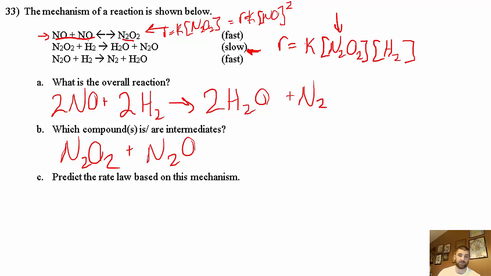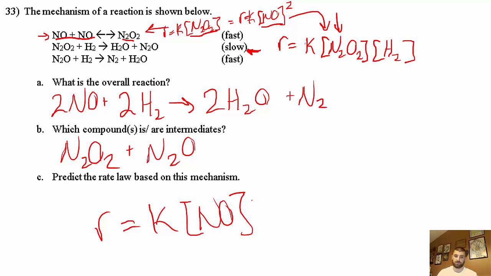There are 2 of them right here, so it's going to be NO squared. All right, well, so I can substitute this in, right? I can put in NO squared instead of N2O2. So I end up with rate equals K times NO squared, because of that substitution up here, times the concentration of H2.